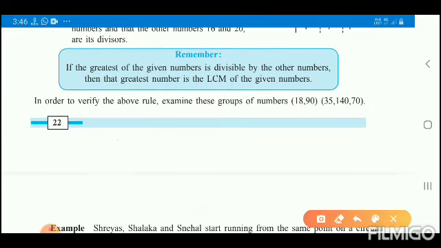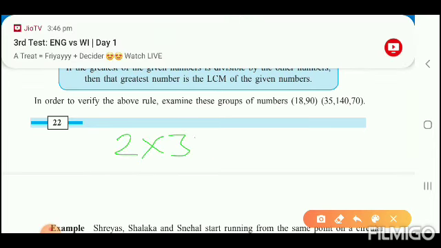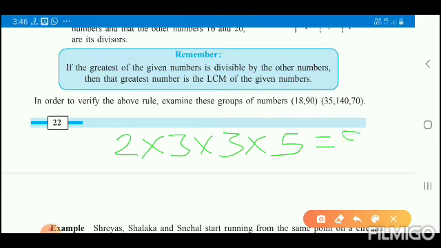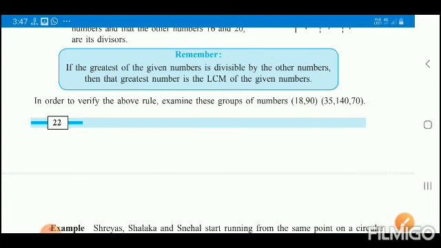So we will write 2 one time, 3 two times and 5 one time. So your answer will be 90. Do you understand that? So the LCM of 18 and 90 will come 90. Now, with the same method, you have to verify another example.